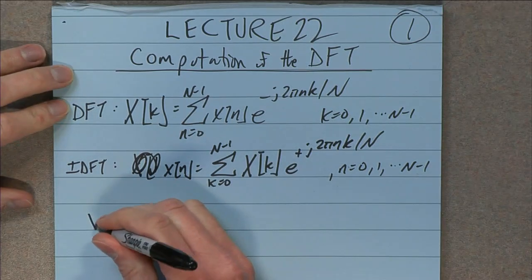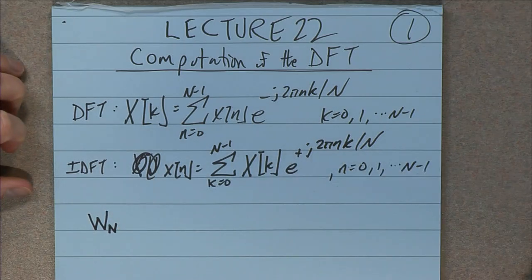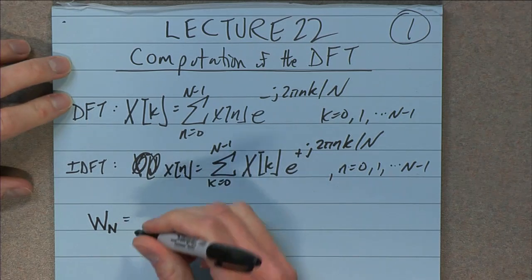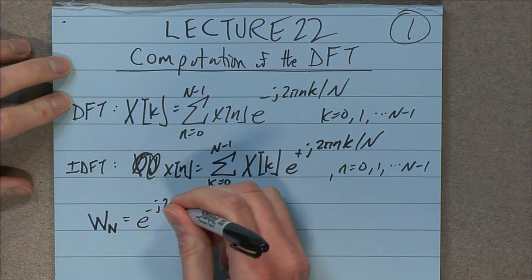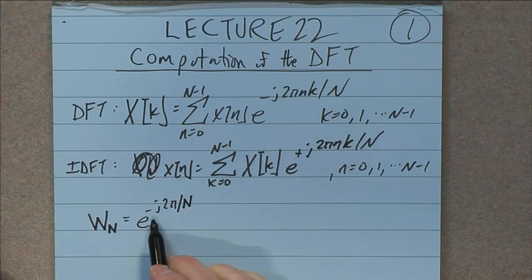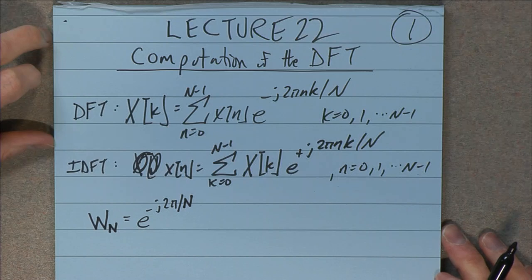Now, to make things a little bit easier to write down, and also when we're documenting our flow diagrams, we're going to use this nomenclature, which the book also uses: instead of writing e to the minus j 2 pi over capital N, I'm just going to write capital W subscript N to represent that.